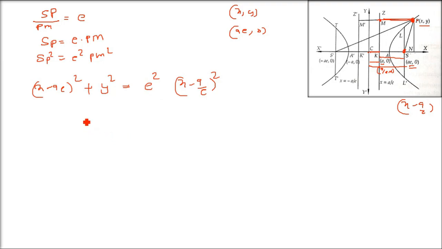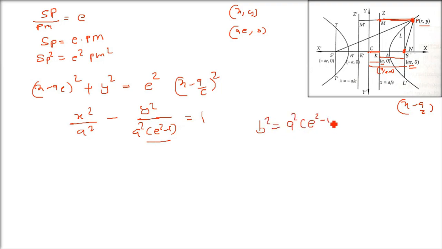And I told you earlier when we were discussing ellipse, I actually solved it. So I'm just writing it directly because we have done it already. You know how to do this. So x square by a square minus y square by a square into e square minus 1 equals 1. I have just rearranged, nothing else. Square open, rearrange, where b square is equal to a square into e square minus 1. So this is your equation.